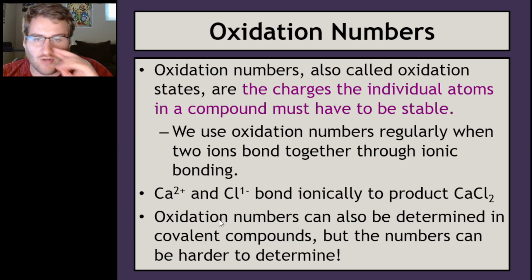And our shortcut version of that was you take your charges and you swap them. We did what we call the swap and drop method over here. So the 2 goes to the chlorine, the 1 goes to the calcium, and that's why we're doing that, just to figure out how many of each atom I need to bond. So that's what oxidation numbers have been useful to us so far for, but they're also useful for other types of compounds. Some other ionic compounds that are more complicated and covalent compounds both need these oxidation numbers sometimes.